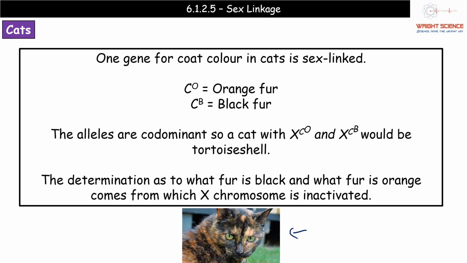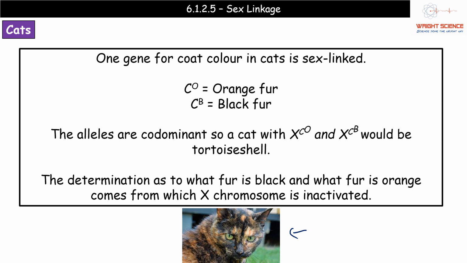Now, the key thing about this is that if we look at them, they've got very much these little bits of fur that are orange and other bits that are black. Now, if obviously all of their cells have inherited the same DNA, then they will each have orange and black fur genes.